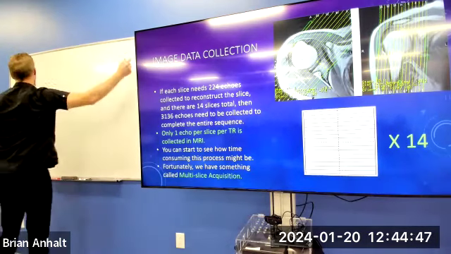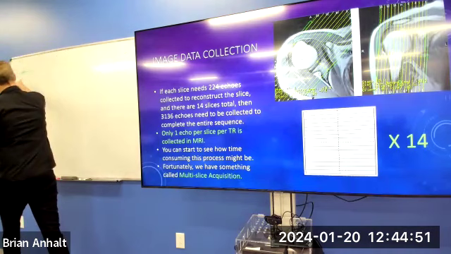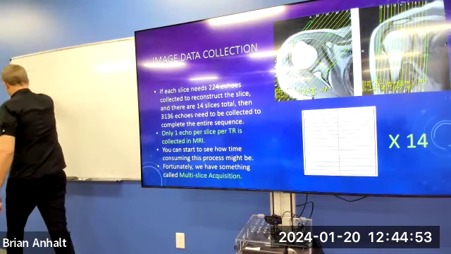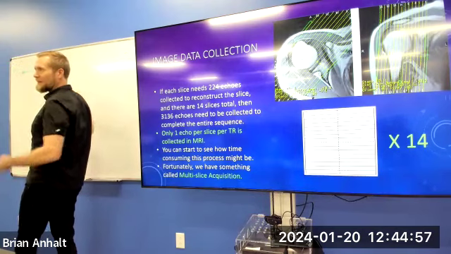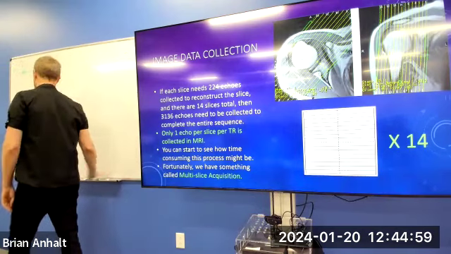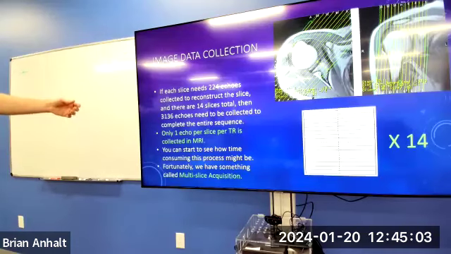My TR is way out here. Remember, the TRs are much longer than the TEs, right? So we have to wait. We collect one echo. If I'm collecting 224 for one slice, it's going to take me a long time to collect all of this data. Fortunately, in MRI, there's something called multi-slice acquisition, meaning that we don't collect all the data for one slice at a time. We collect one echo per slice per TR.